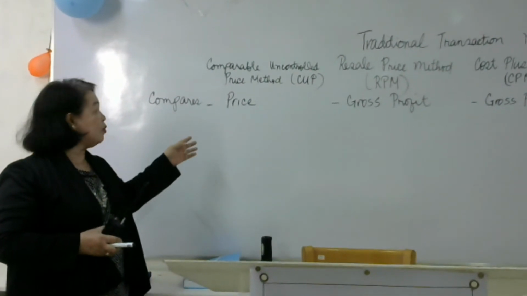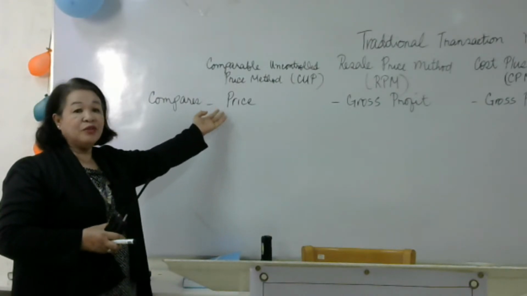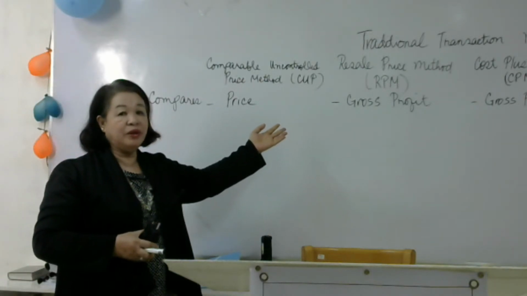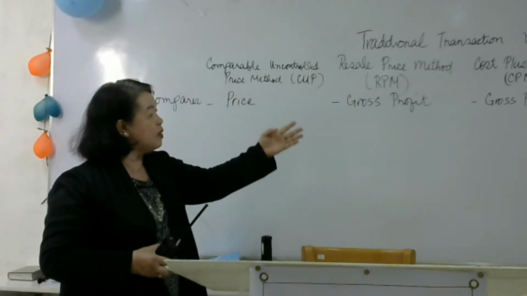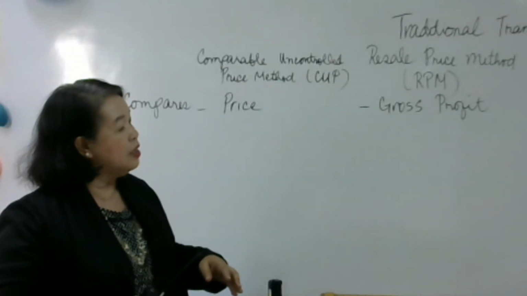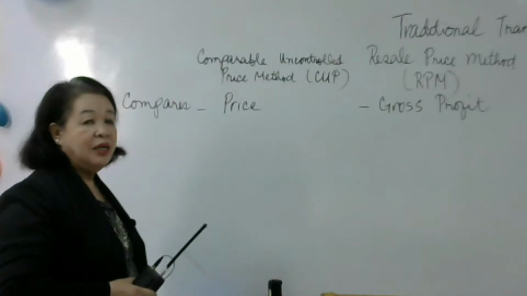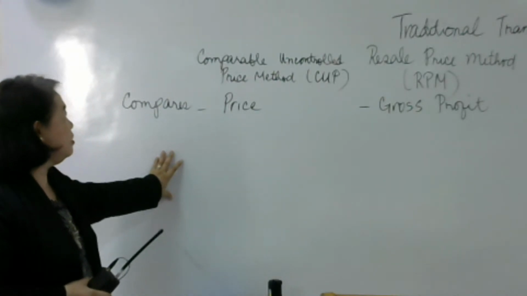So what do we compare in the comparable and controlled price method? Of course, the price. In the resale price method, what do we compare? The gross profit. And in the cost plus method, the gross profit. The transactional profit method, I will explain to you later. For now, these traditional transaction methods.